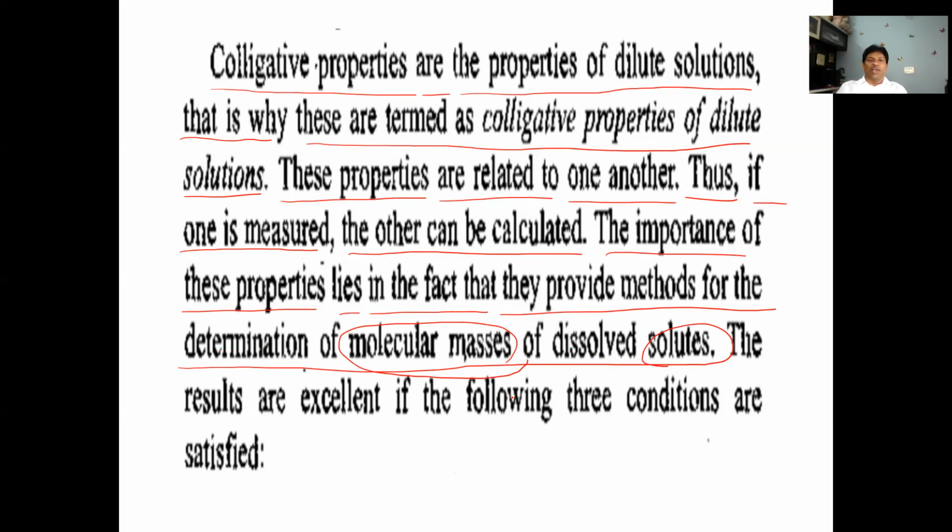By using these, the gram molecular masses of solute particles can be measured. Suppose you don't know which solute is dissolved in the given dilute solution. By using the colligative properties concept, we can measure the gram molecular weight of the solute particles. When you measure the gram molecular weight of the solute, we can say which compound it is.